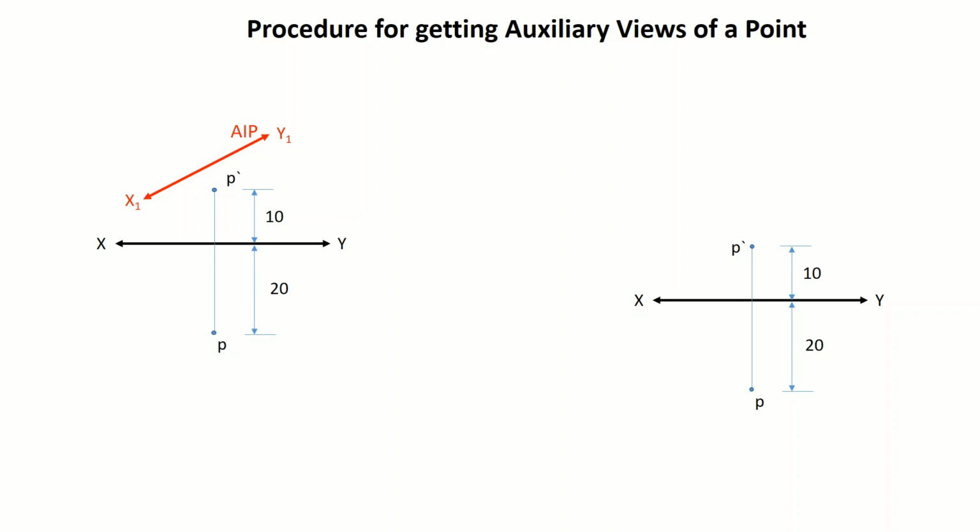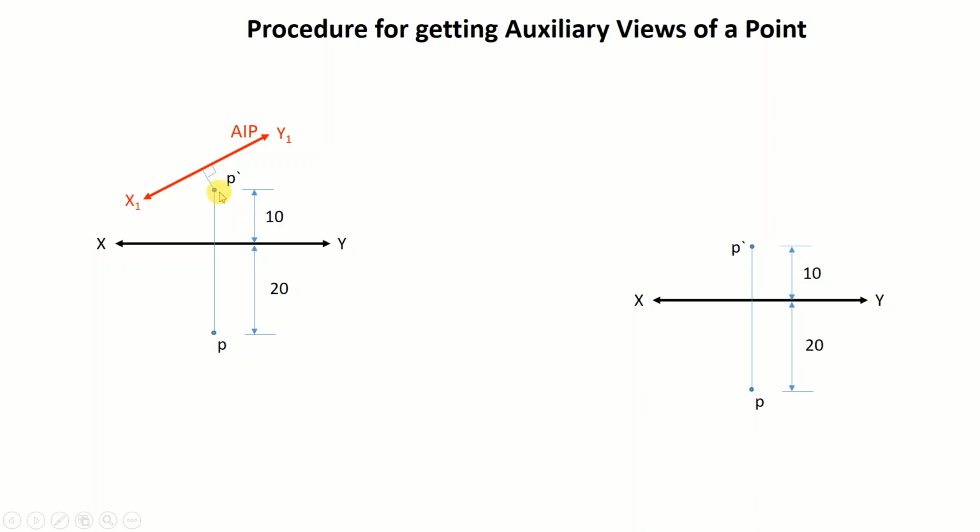The next step is that we draw a projection line from this point P dash onto this reference line x1 y1. This is a very critical step in auxiliary projections: you should make sure that all the projections you drop onto this x1 y1 line have to be normal to it.